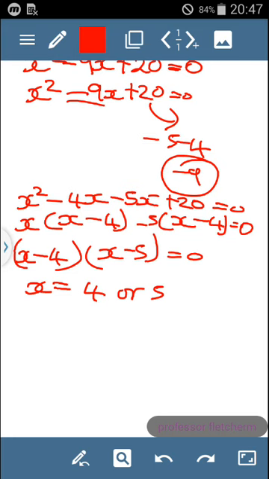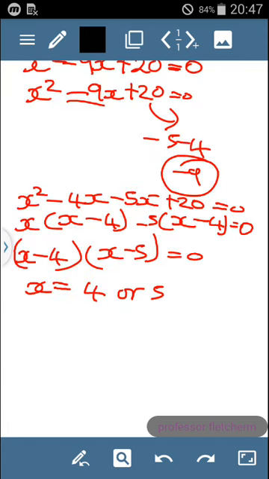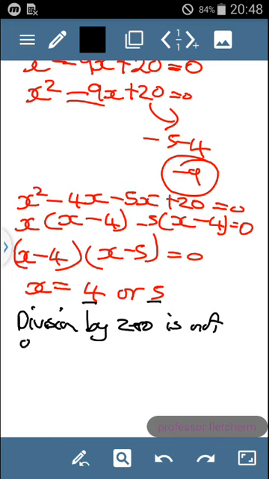So whenever x is equal to 4 and whenever x is equal to 5, the denominator will give us 0. And we know that division by 0 is not allowed. In other words, it does not make sense.